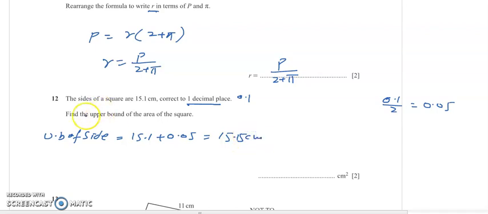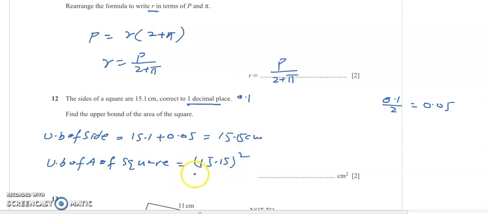centimeters. Now to get the upper bound of the area, the upper bound of the area of the square will be this side squared. So 15.15 squared.